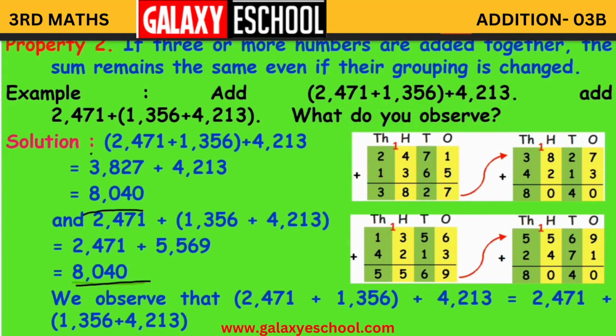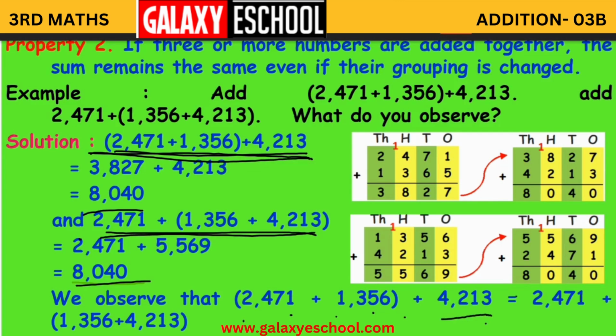So what can we say? We can say that 2471 plus 1356 plus 4213 is equals to 2471 plus brackets open 1356 plus 4213.